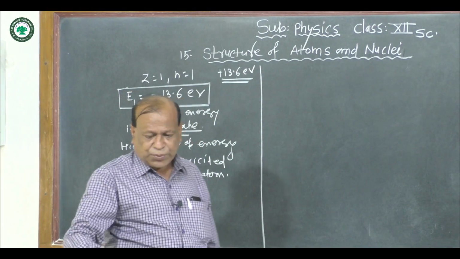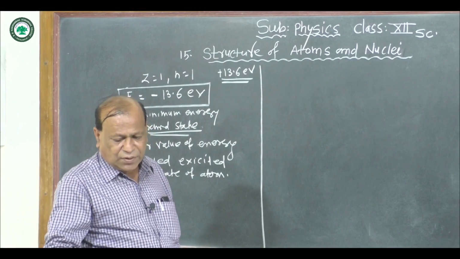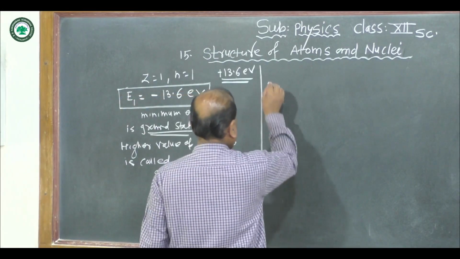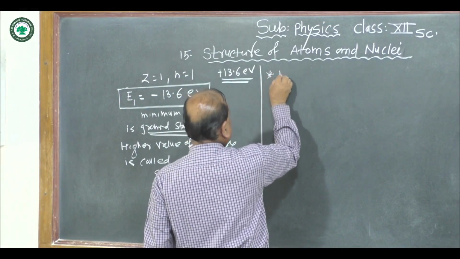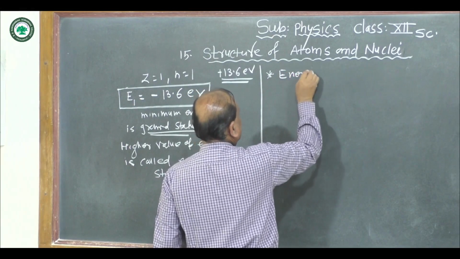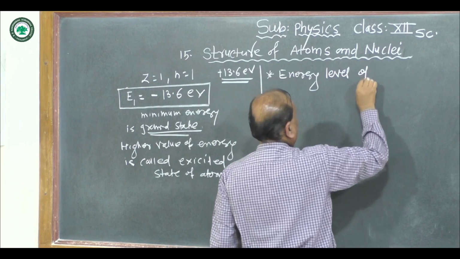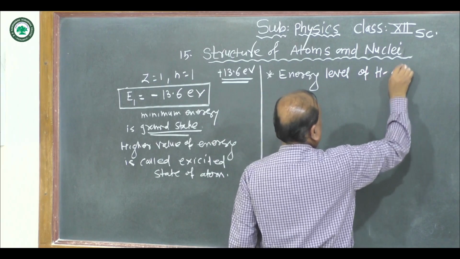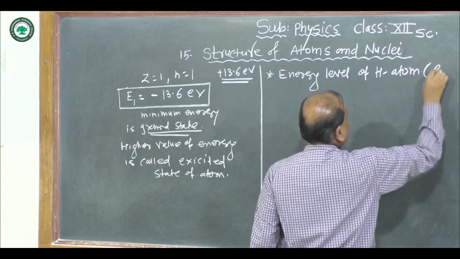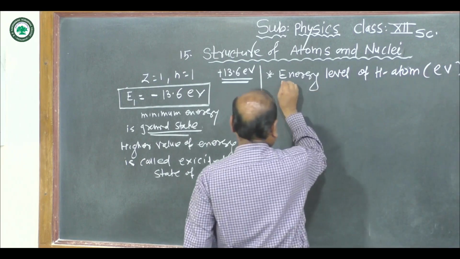The next article is the energy level of hydrogen atom, with energy in electron volts.